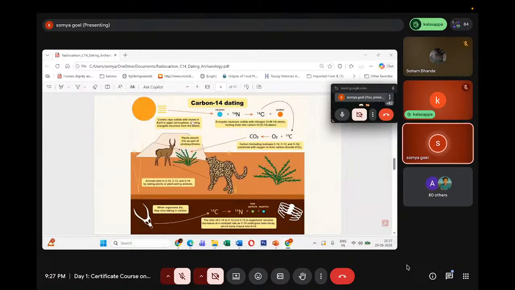Then this is a pictorial representation of what I told you about. These are the cosmic rays, being converted into carbon 14. This carbon 14 is converted into carbon dioxide, absorbed by the plants, which are eaten by animals, which are again eaten by another animal, and then this animal dies, and now we have the process of beta decay, carbon 14 being converted back into nitrogen 14.